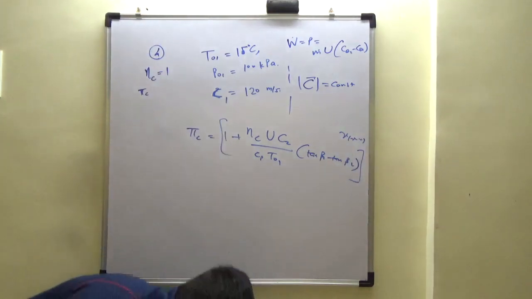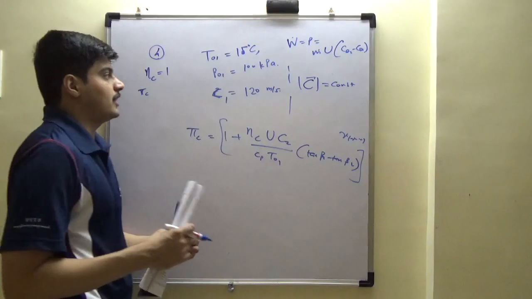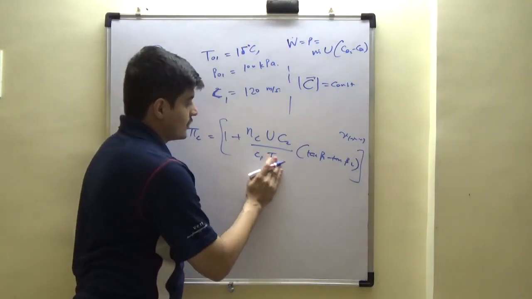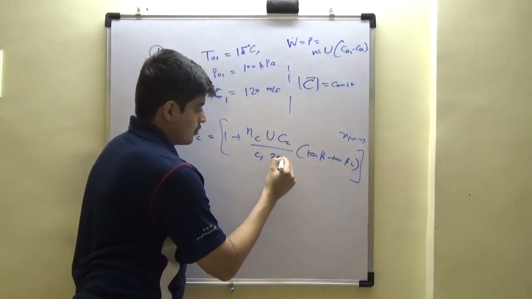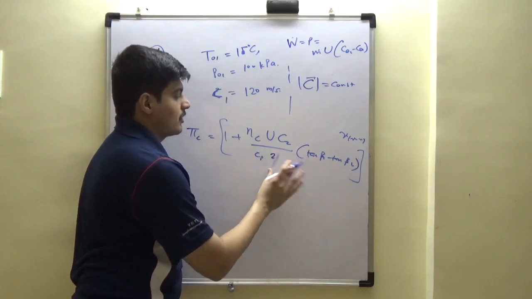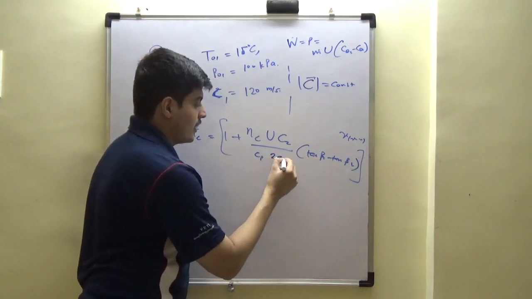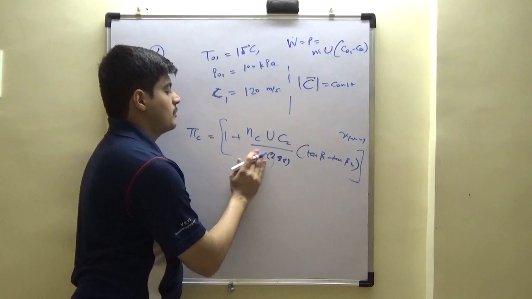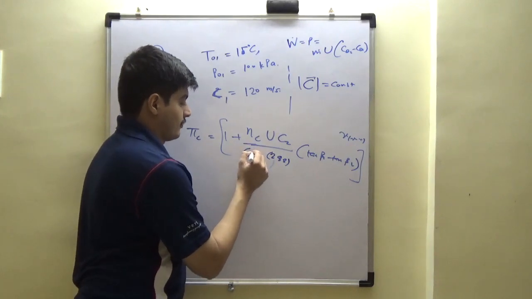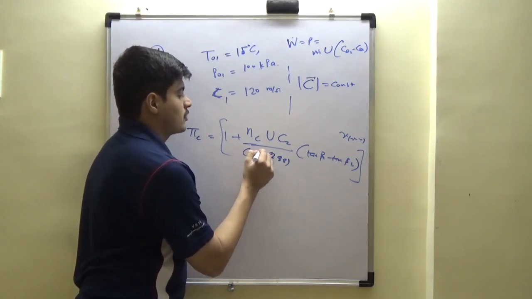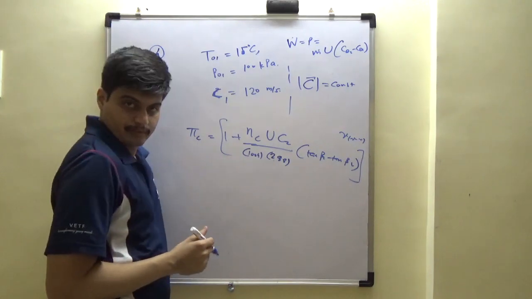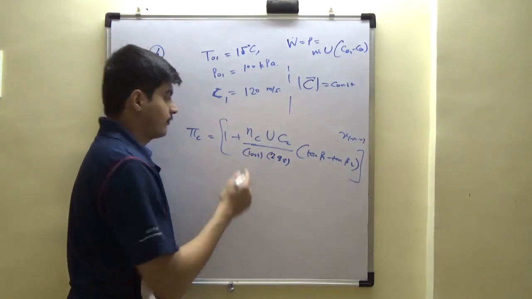Gamma for air is given as 1.4, we can assume safely. T01 is given, 273 plus 15, 288. Cp of air is 1004, 1 point something.